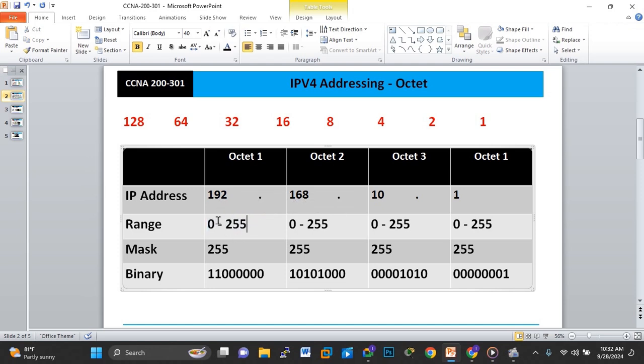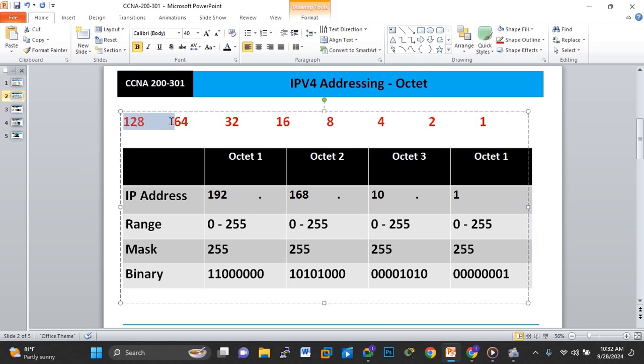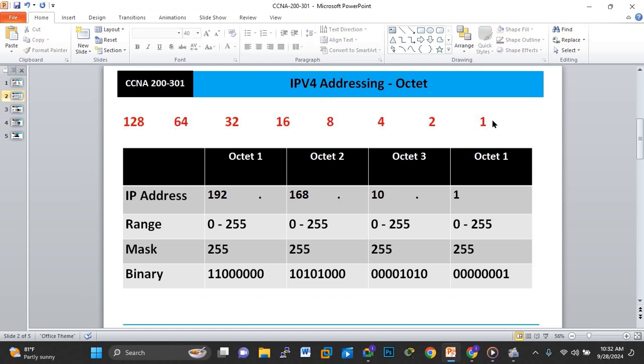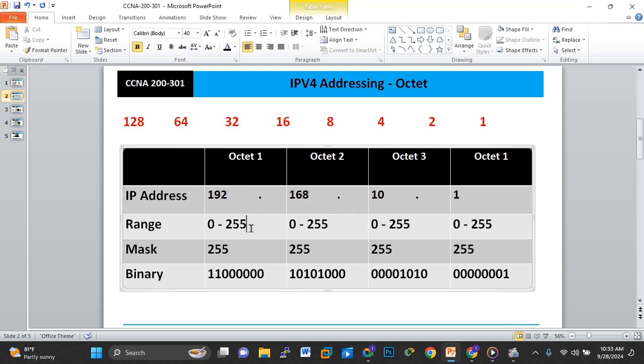Why does it range from 0 to 255? If you add 128, 64, 32, 16, 8, 4, 2, 1, if you add all of this, it will give you 255. That's why you need to be aware. This is an octet. This octet is represented by 8 bits, and this octet ranges from 0 to 255.